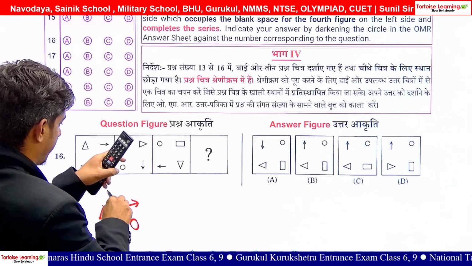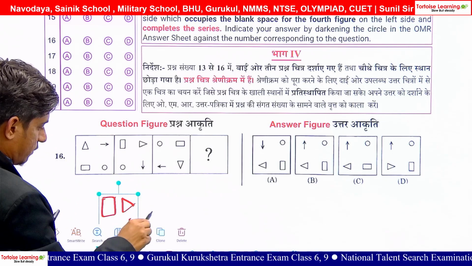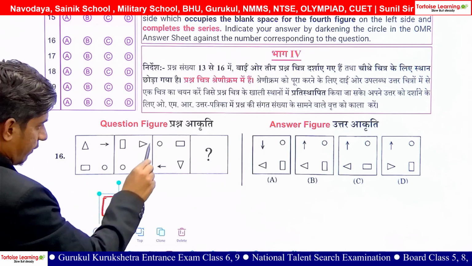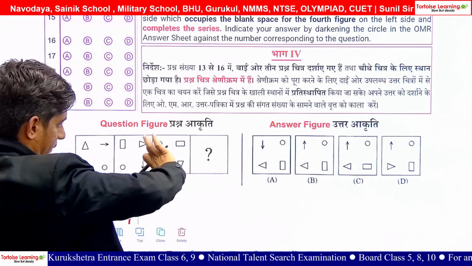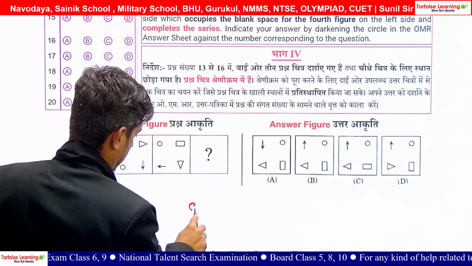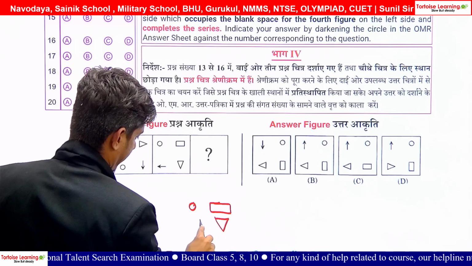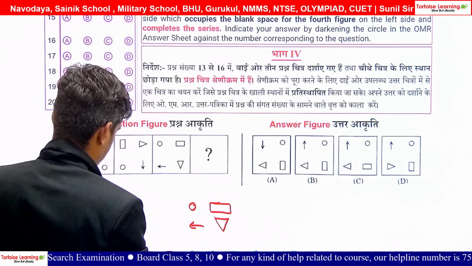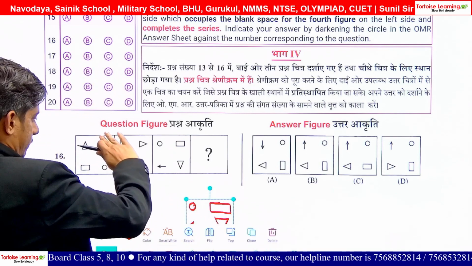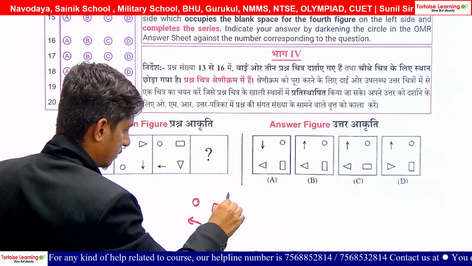This is rotated in this direction. So we get this figure. This becomes this. Now, if we want to rotate the same in the same manner, what will we get? Circle, rectangle, triangle, and an arrow. If we rotate this one, which direction? Clockwise.